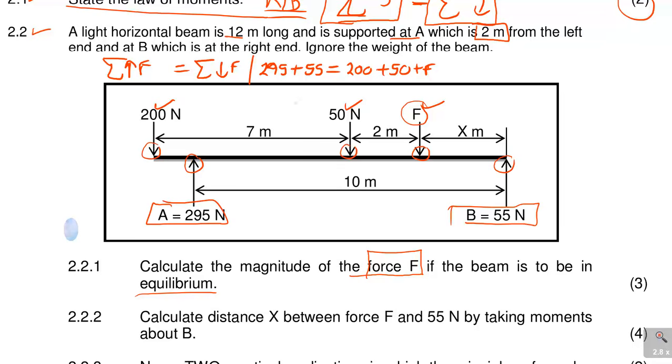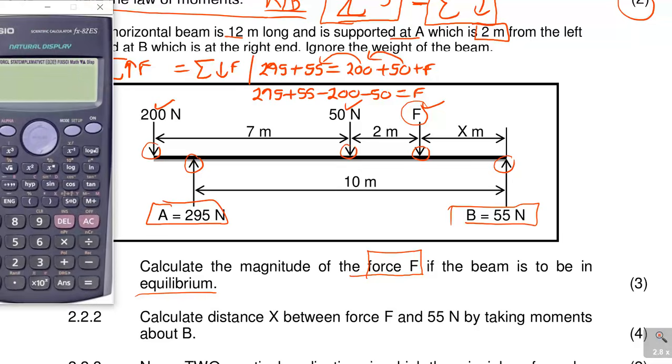Take 200 this side, which is negative 200. Take 50 that side, which is negative 50. Remember, when you cross the equal sign, you change the sign. That will now be giving us F.